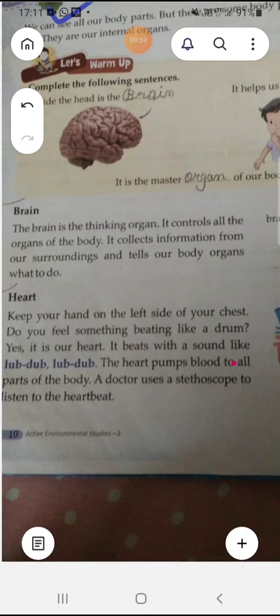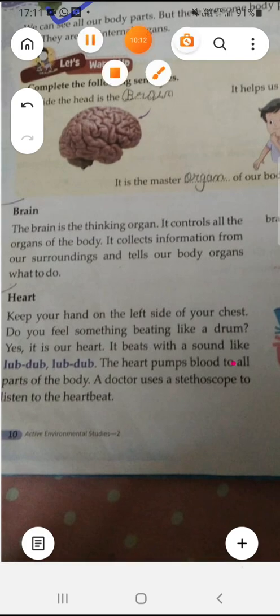So from the surroundings, it collects various information, and tells our body organs what to do.